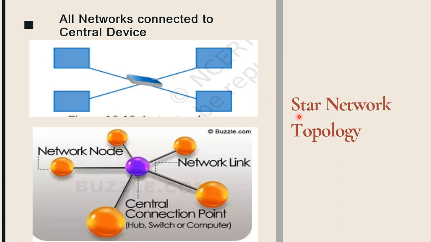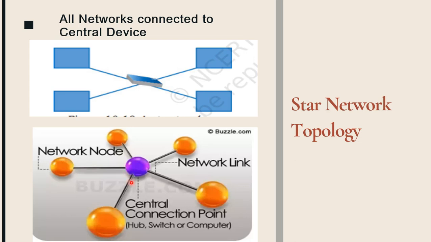The second type of network topology is known as star network topology. In this type of star network topology, all the computers are connected to a central device called a hub. Here in this figure, we can see this is the central device, or the computer which is at the central position.